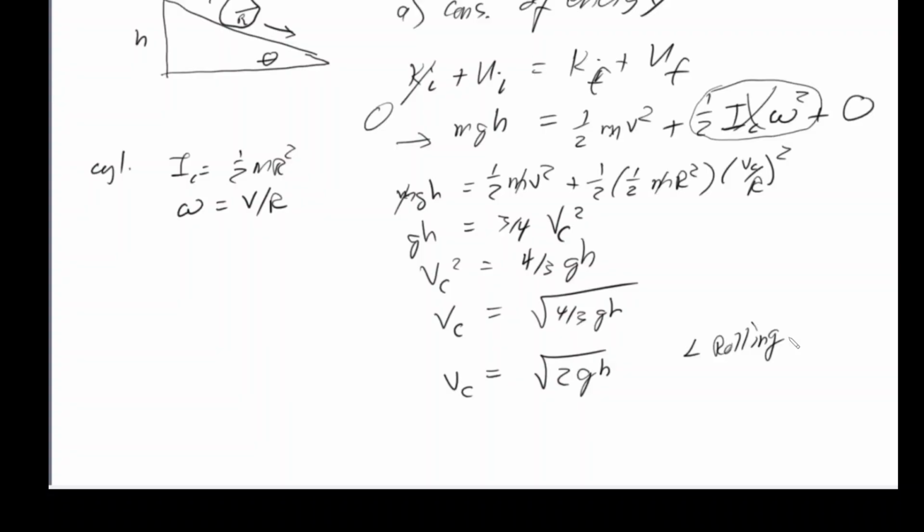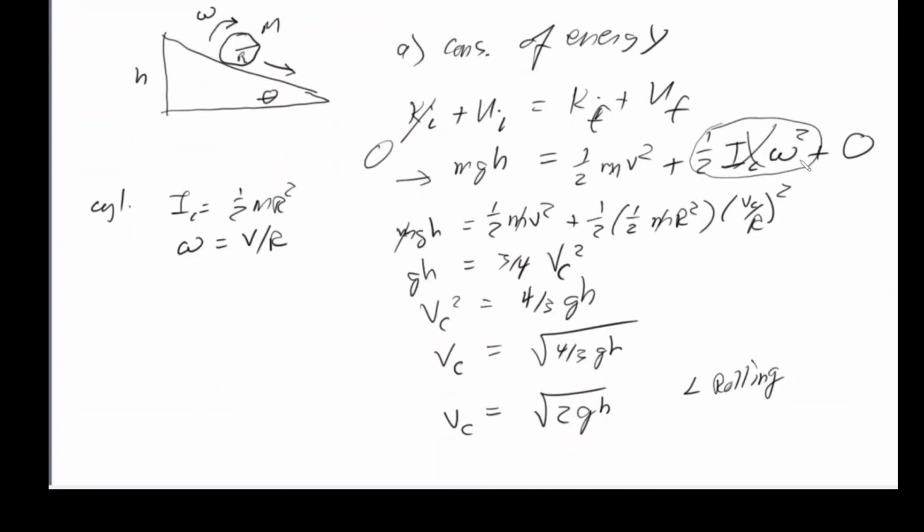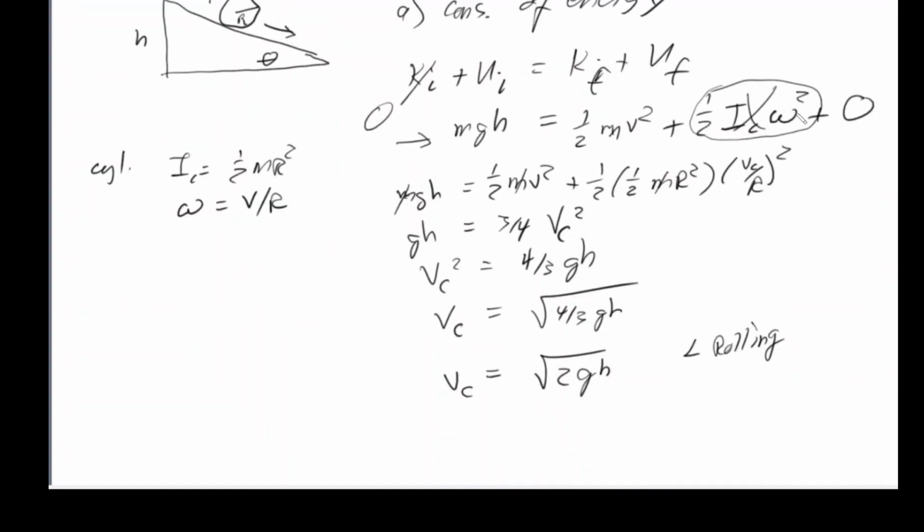And the reason is, when it rolls, it's using up some of the energy rolling, which means that it has less translational kinetic energy, so the speed at the bottom will be less.